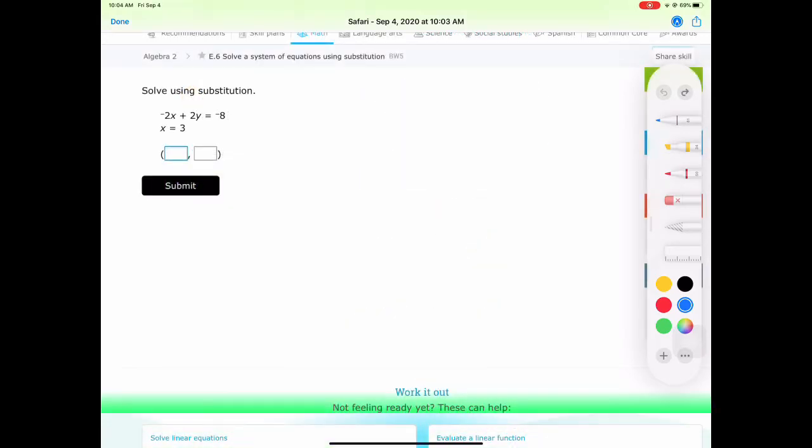Okay, for our next problem, they told us x is 3, so we just go ahead and use substitution. Substitution is really nice because when they do give you what x or y is equal to, we can just plug it in to solve for the other variable, in this case, y. Okay, we can distribute the 2, that's -6 plus 2y is equal to -8. Opposite operations, we're going to add 6 to both sides.